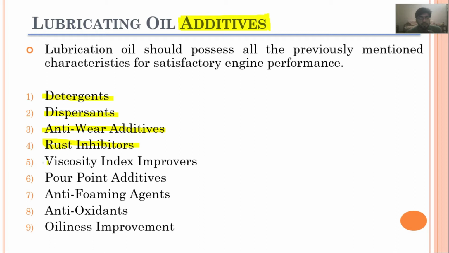These names are quite clear about what their purposes are. Like viscosity index improver, it would be improving the viscosity index. Pour point additives, anti-foaming agents, antioxidants, oiliness improvement additives. So the name suggests the purpose of these additives quite clearly.